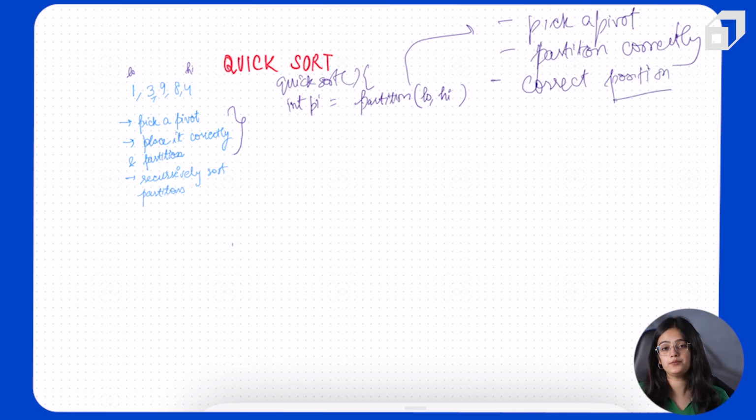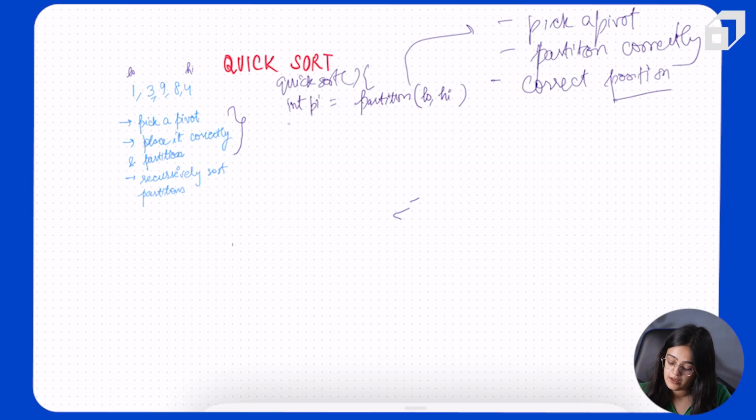So once the correct position of the pivot is returned, let's say we return that the correct position of the pivot is index 2. So we know that before index 2, there's one partition of elements smaller than the pivot. And after the index 2, there is the other partition of the elements greater than the pivot.